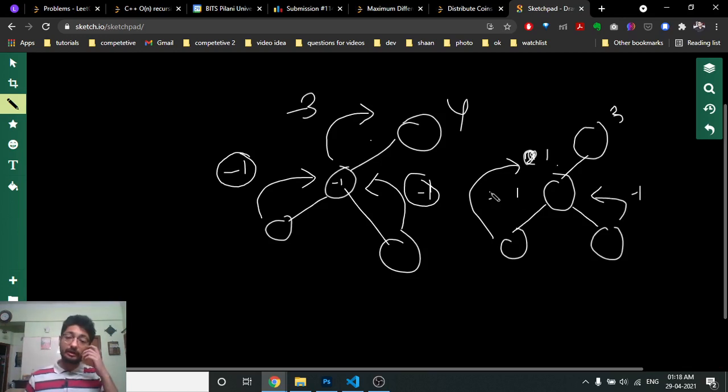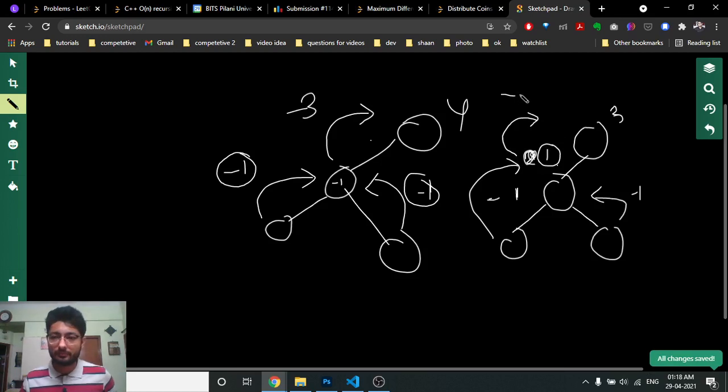So both of these are requiring some coins, but this has 1 coin there, which means this is already sorted out. If this is sorted out, how many more coins are required? 2 coins, so -2 will be sent over here.